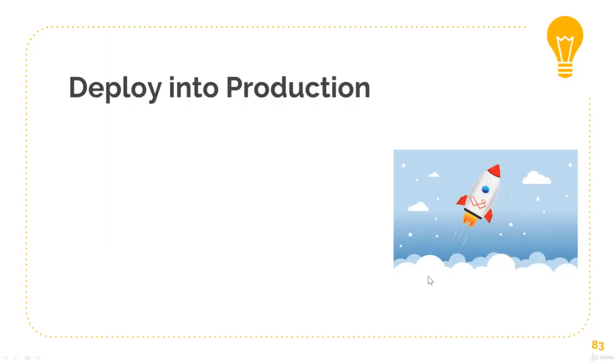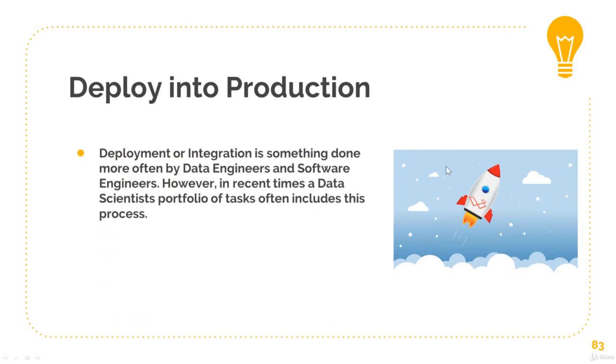And then the last part here, which wasn't in the diagram initially, but is an important part, is deploying this model into production. This is where data engineers and software engineers come into play. However, in recent times, I've seen a lot of data scientists being asked or told they have to do this part of the project now. In my case, it happened to me too.